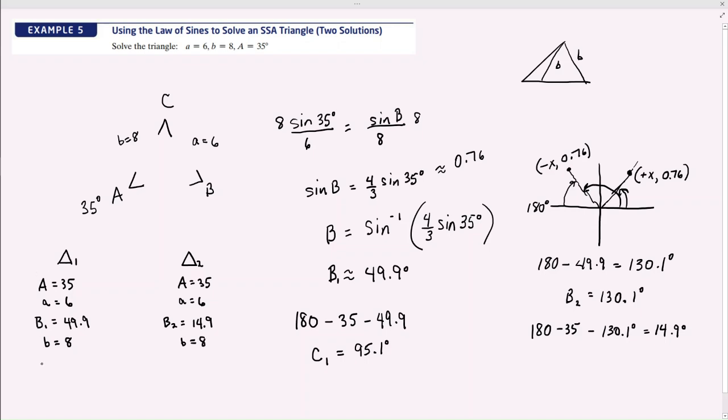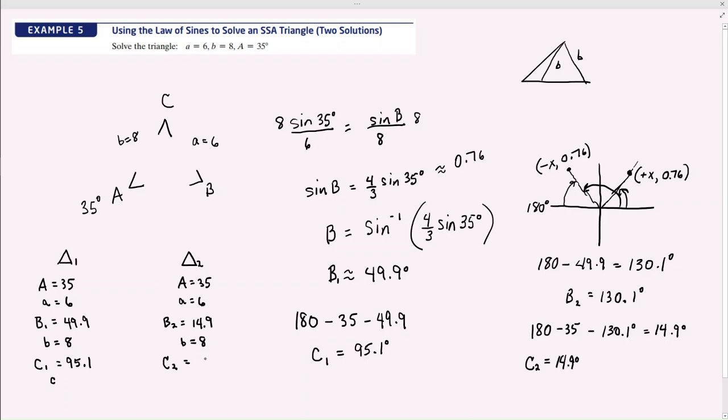And in this first scenario, we found the C1 that goes with B1 to be 95.1 degrees. And we do not know the length of C for this scenario, but we know the angle for C2. This we call the B2 situation, so C2 is 14.9 degrees.